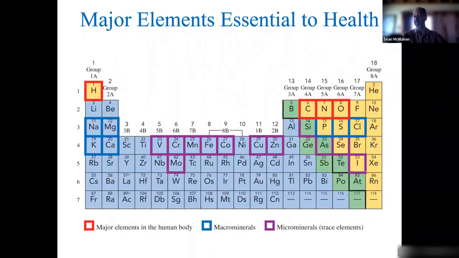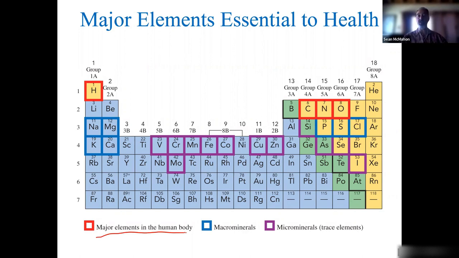Since we're talking about elements, a lot of times when we think about health, there are essential vitamins, but there are also essential minerals. And those are basically elements, right? So we have major elements in the human body.